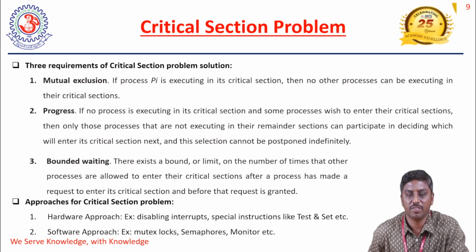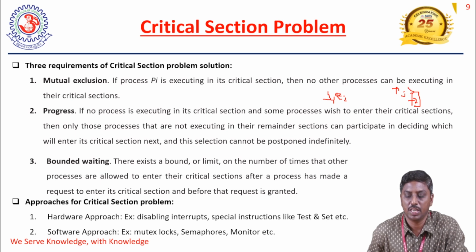The first and foremost requirement is that it should ensure mutual exclusion. What does this characteristic say? If a process Pi is executing in its critical section, then no other process can be executing in its critical section. For example, process Pi is already in its critical section. Now Pj is trying to enter into its own critical section, but there should be some communication so that Pj is aware, through some means, that Pi is already in its critical section.